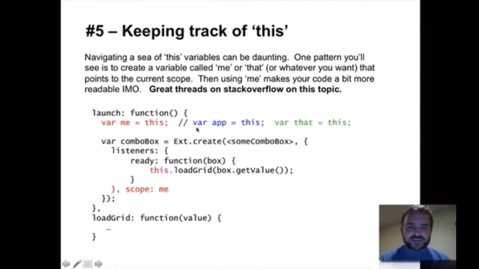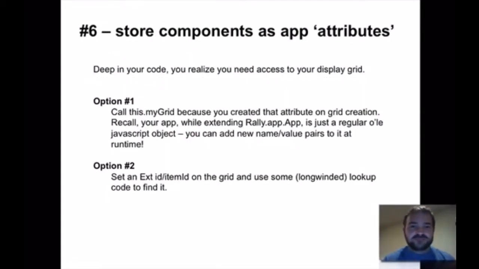You may want to choose a different name as opposed to me, as I see here in blue and green, so maybe use the word app, so you can say scope is the app, which is what you want. You want to be referring to methods at the app level, or referring to variables at the app level. But find something that works for you. This is a neat little trick that I think you should explore, or not, and just use this and console log this if it's not what you expect it to be.